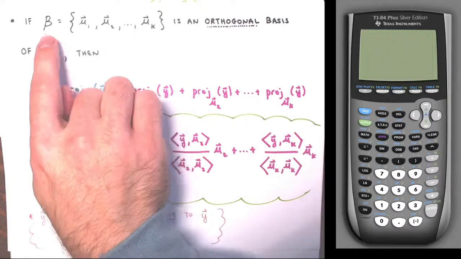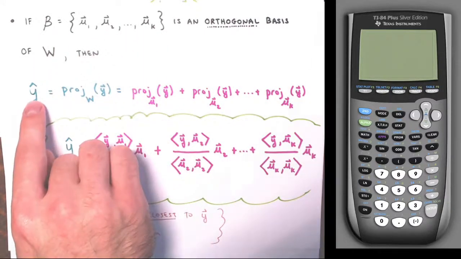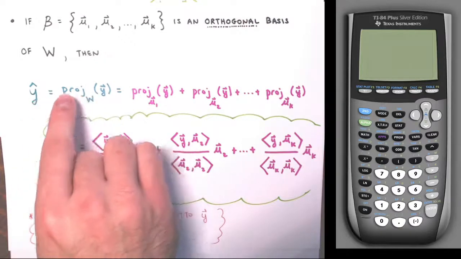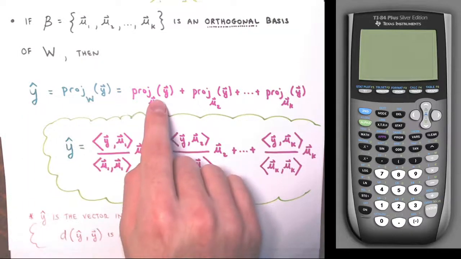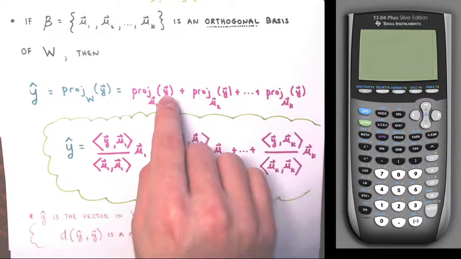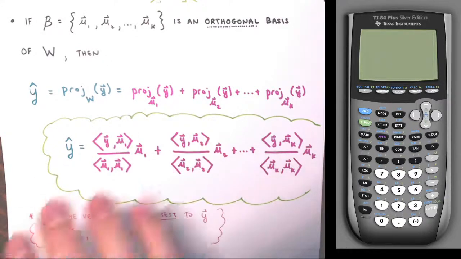So remember, if you have an orthogonal basis for a subspace, then the projection of a vector onto that subspace, the y hat, or the projection of y onto W, is the sum of the projections of y onto each orthogonal basis vector. And I think that was the most important stuff.